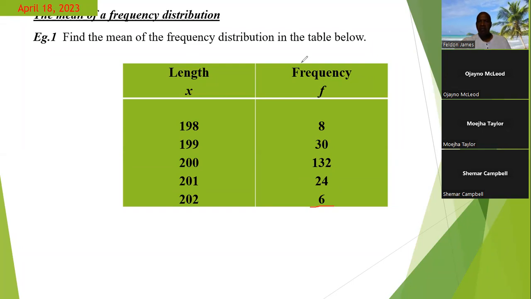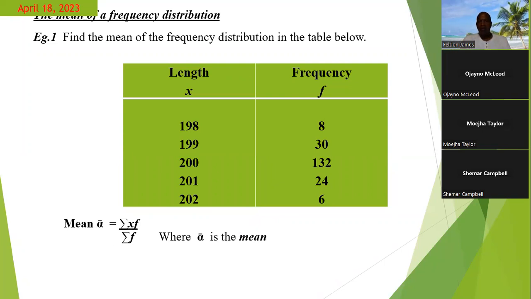So the 200 here means that you have 200 lengths in this column. And you know how many of the first value you have, how many of the second value, and so on. All right, so this is how you look at the table of a frequency distribution.